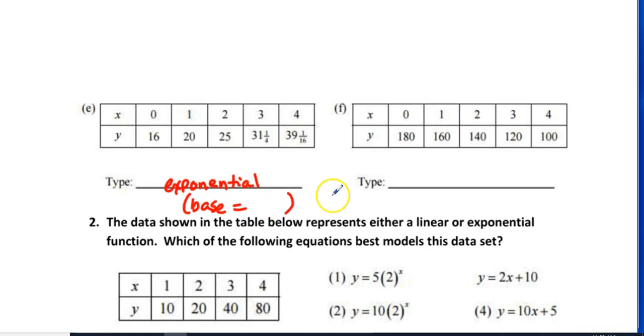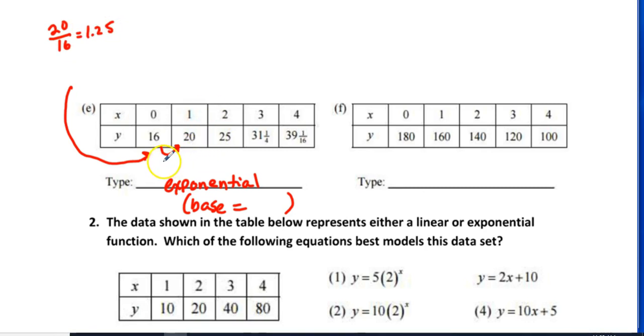Take a moment to try to figure out the base, then play the recording when you're ready. All right, so hopefully you did a little dividing here, right? You've got to divide 20 divided by 16. I'll just do a little showing of where that came from. 20 over 16 works out to be 1.25.